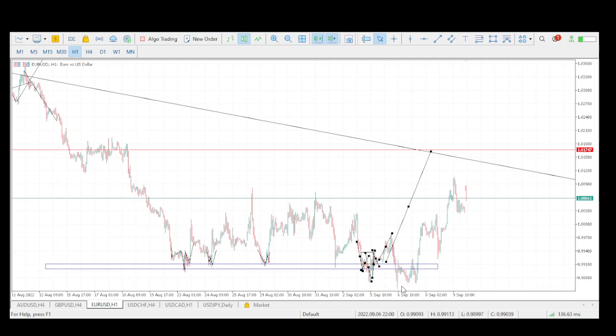You can see it started coming down. It gave us another double bottom here. We have the first bottom and the second, giving us the double bottom before it starts going up again. So this is the pattern that goes higher.